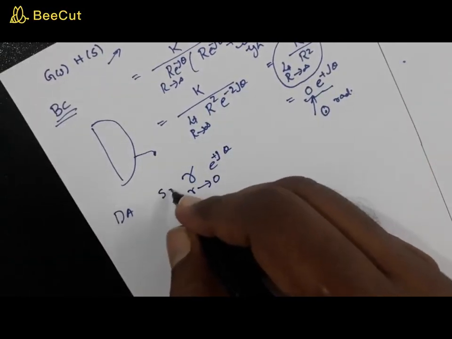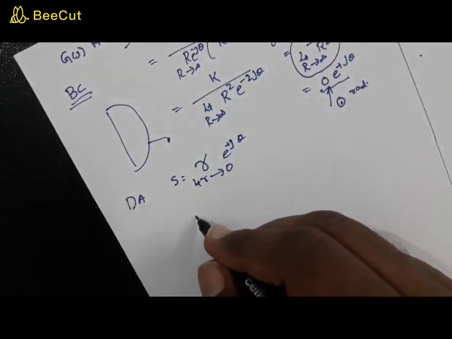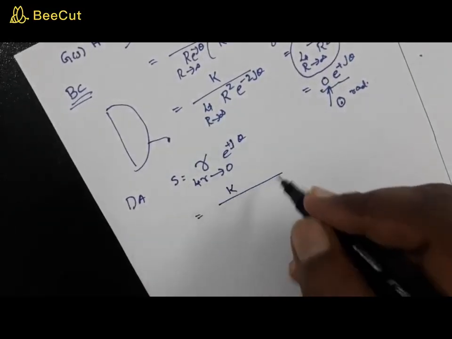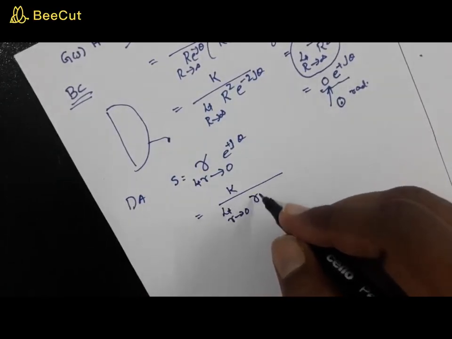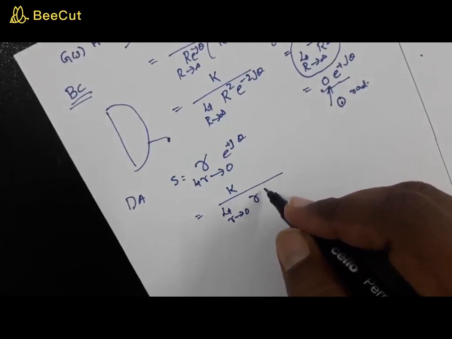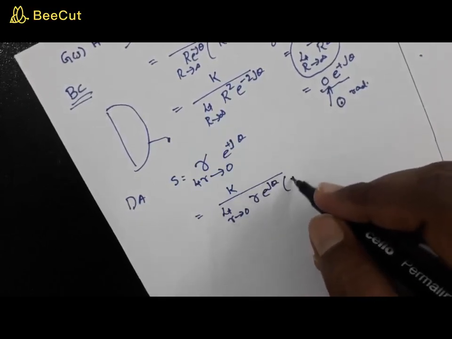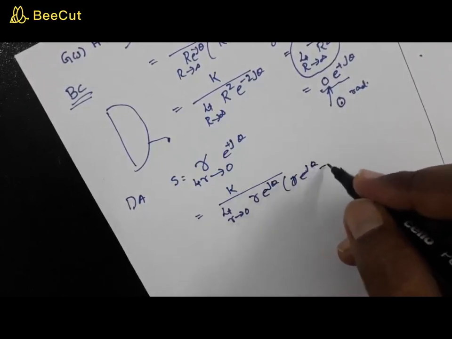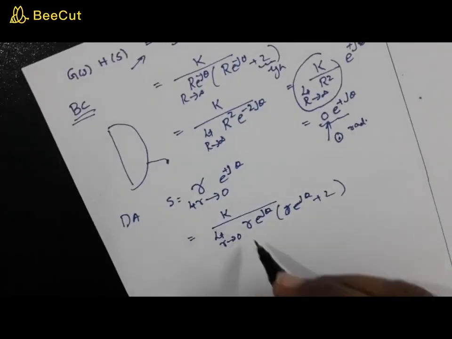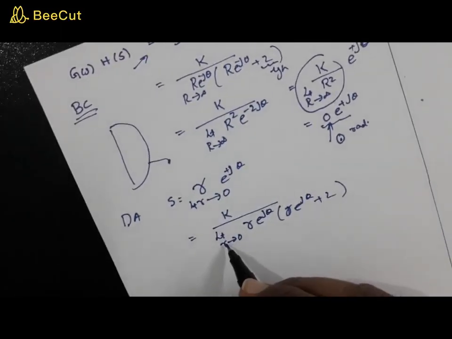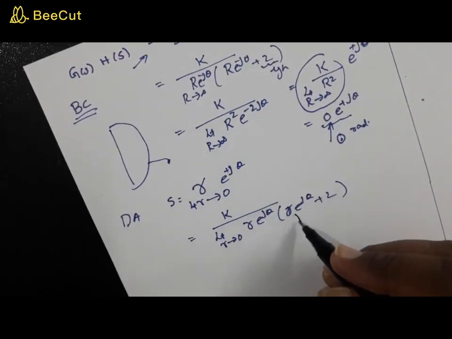This is your s. Put s is equal to r e raised to plus j theta, limit r tending to 0, in this equation. So upon substitution, you will get this as limit r tends to 0, k by r e raised to j theta into r e raised to j theta plus 2, right? Since r is very small, r is almost equal to 0.